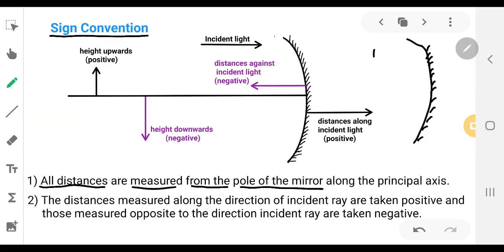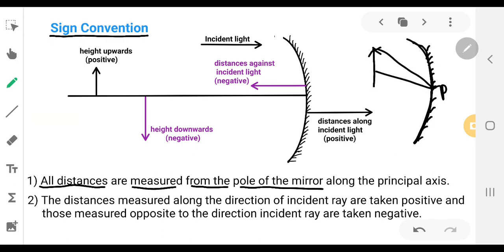Suppose here is the object in front of the mirror, and this is our concave mirror. Here is the pole of the mirror. According to the first point of sign convention, distances should be measured from the pole. So we cannot measure from here, from here, from here. We have to measure from the pole. Can we measure like this?